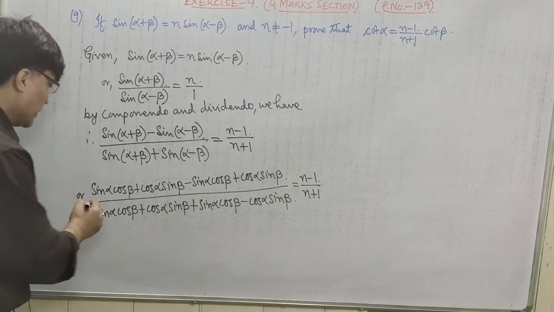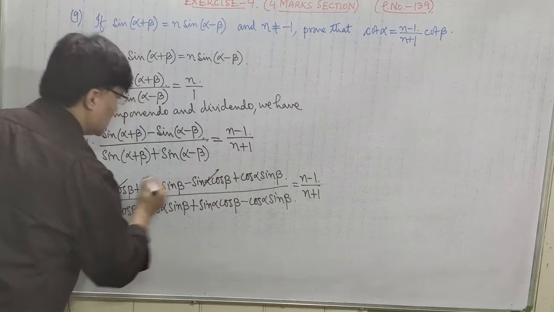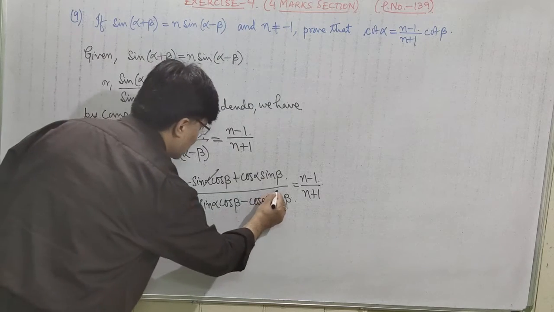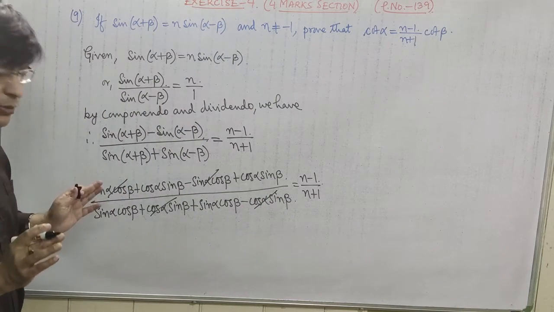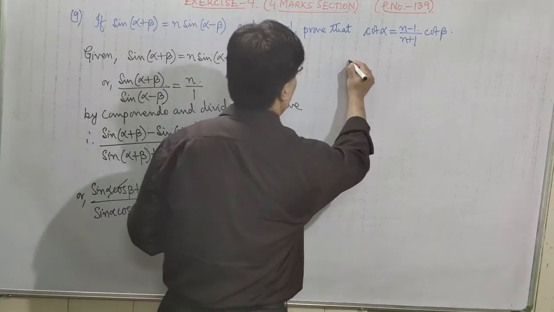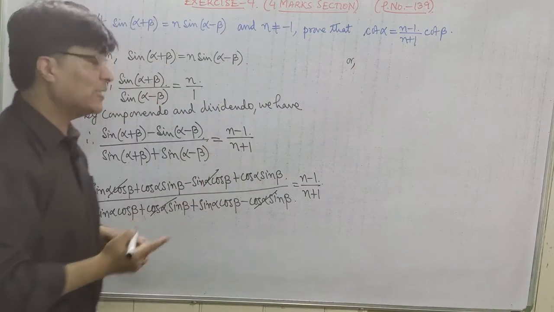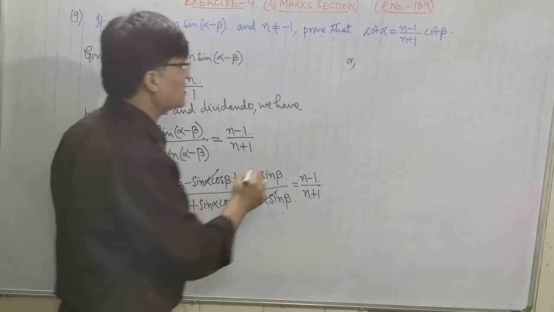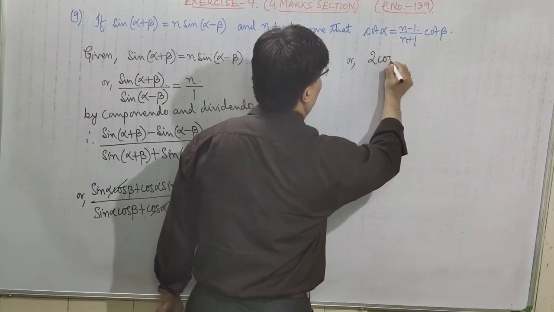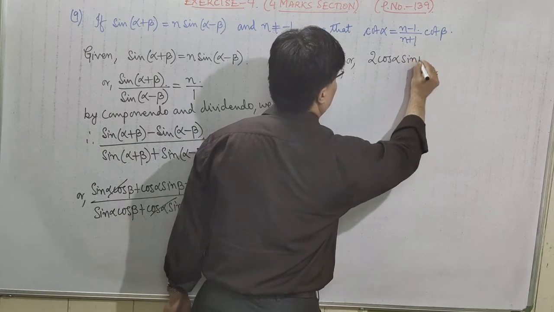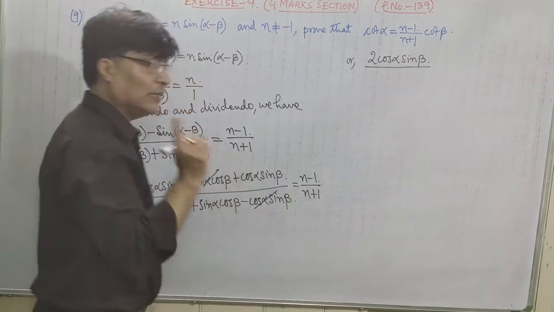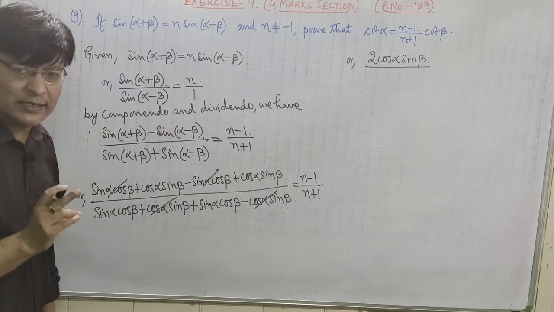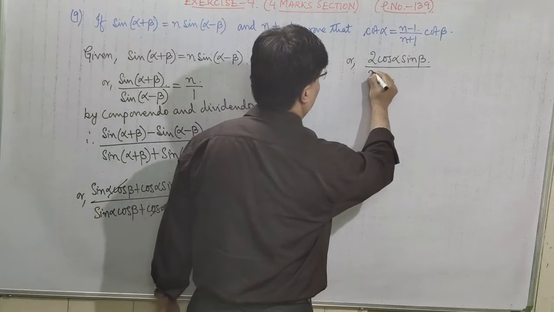So here you can cancel sine alpha cos beta minus sine alpha cos beta, and in the denominator you can cancel cos alpha sine beta minus cos alpha sine beta. Next, cos alpha sine beta plus cos alpha sine beta, that is 2 cos alpha sine beta, isn't it? Divided by, in the denominator also, sine alpha cos beta plus sine alpha cos beta, that is 2 sine alpha cos beta.